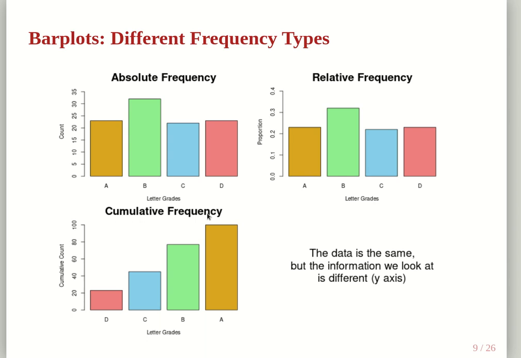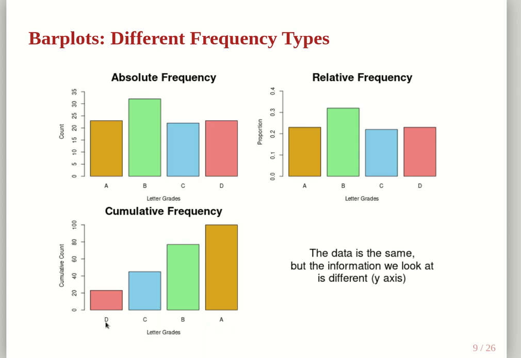So it is entirely possible to build a bar plot that on the y-axis displays, either in absolute terms or in relative terms, the accumulated count of the instances that we find values up to a given category. So again, we are working with letter grades, which we said is an ordinal variable.